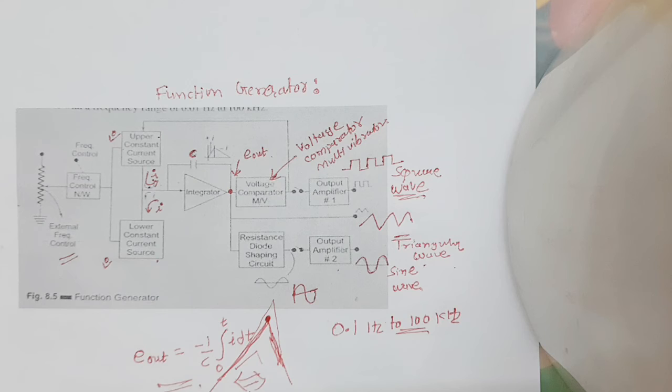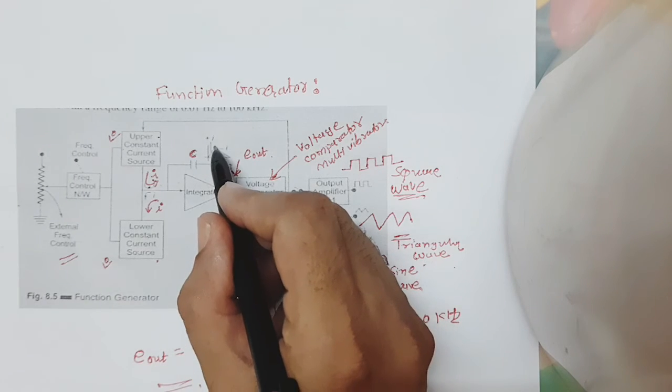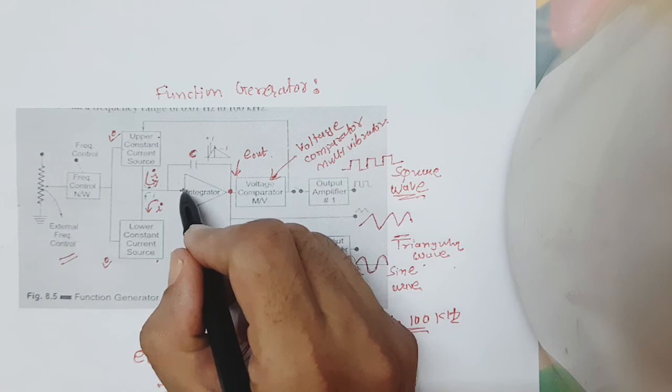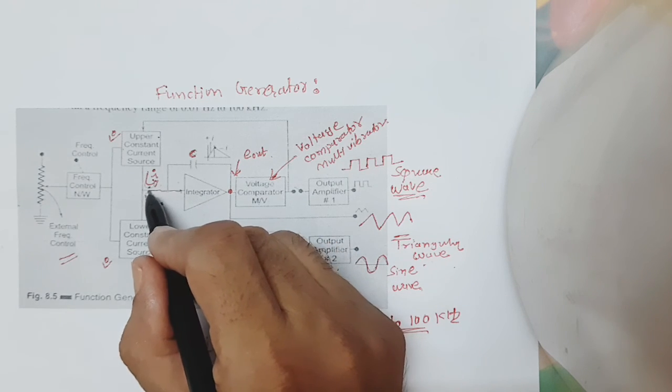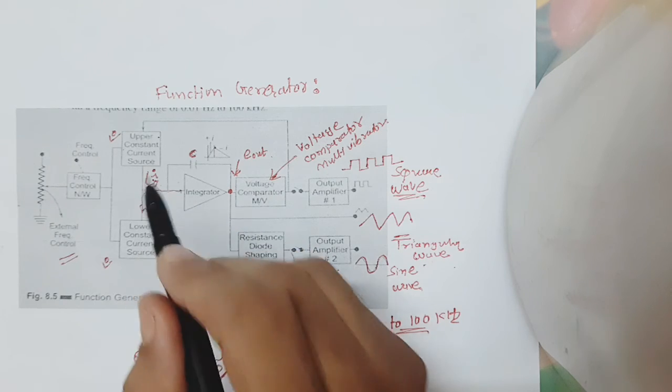This change cuts off the upper constant current supply and switches on the lower current supply. When it reaches the predetermined upper level, it cuts the upper constant current source and connects to the lower constant current source.